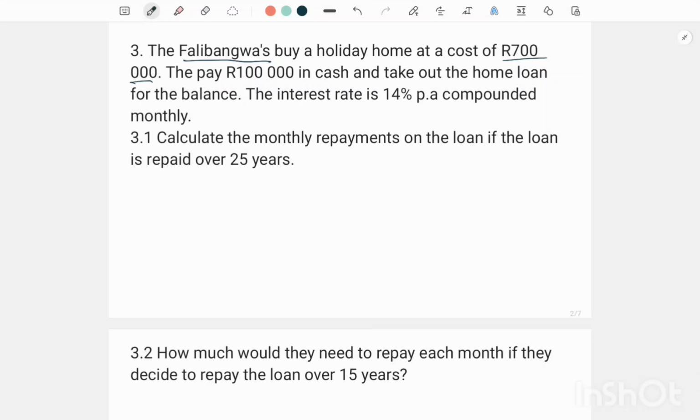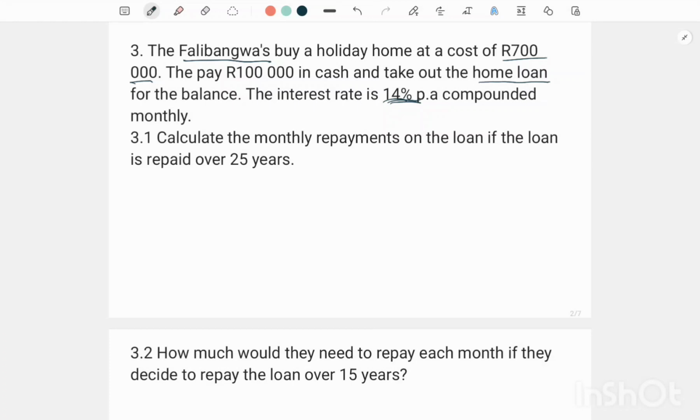Okay, they pay 100,000 in cash and take out a home loan for the balance. The interest rate is 14%, compounded monthly. So this one, they are taking a loan. They are borrowing money. So it means it's a present value. It means now.